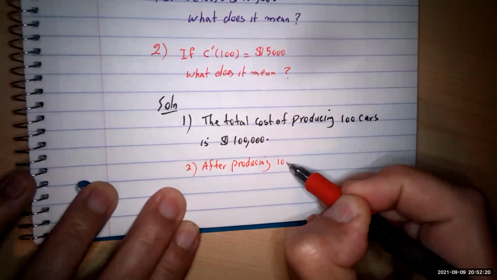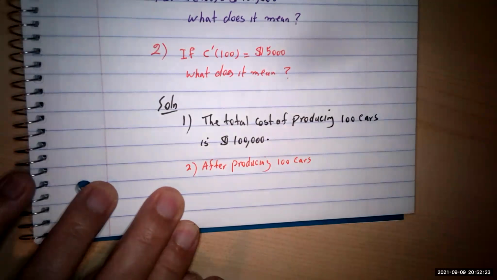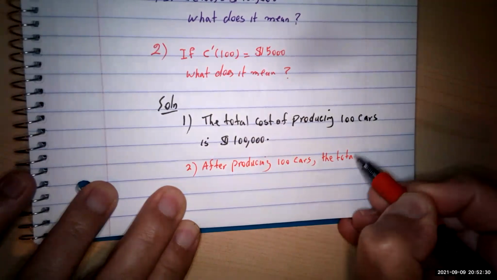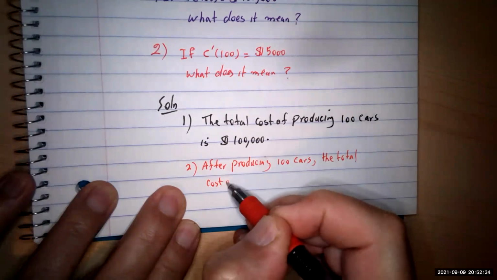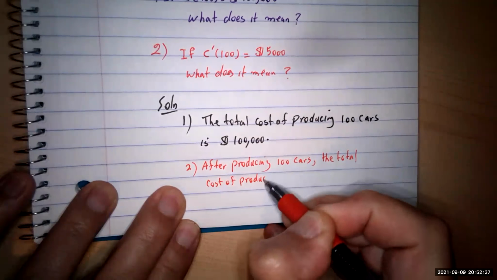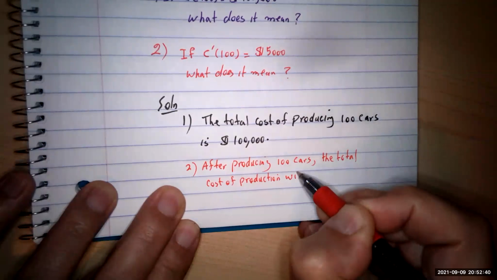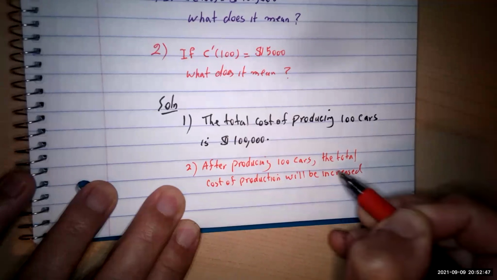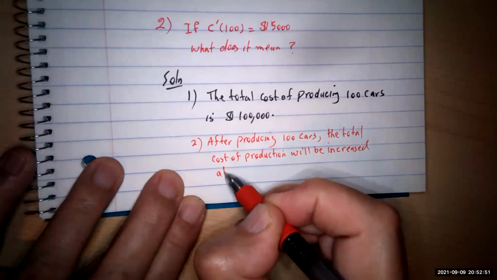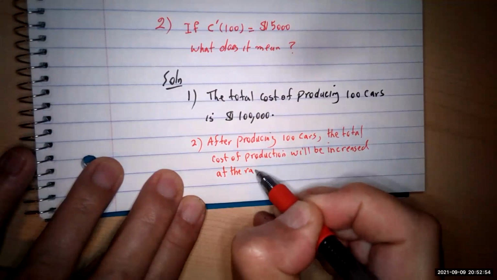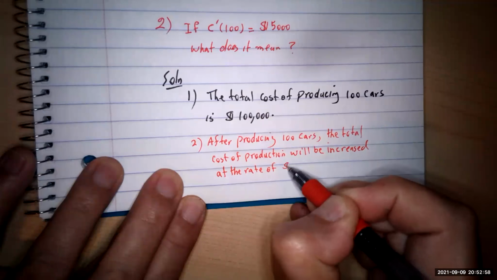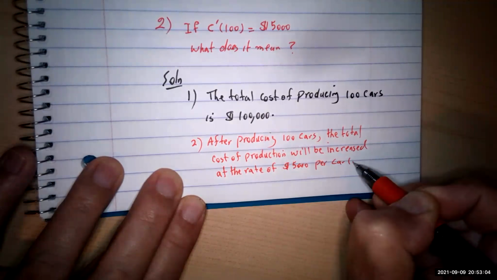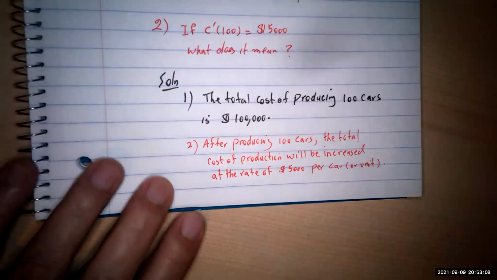After producing 100 cars, the total cost of production will be, is a prediction, will be increased because it's positive, okay, at the rate of $5,000 per unit, per car. That's going to be one.